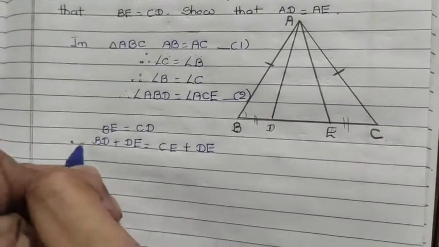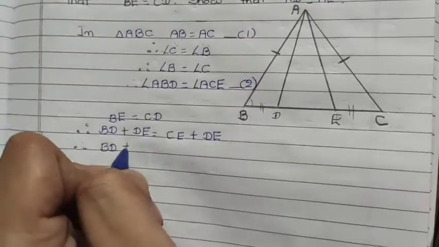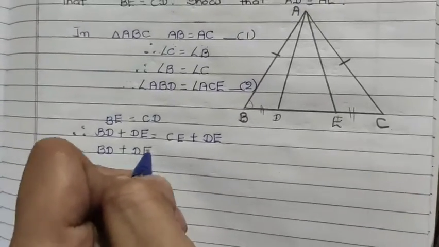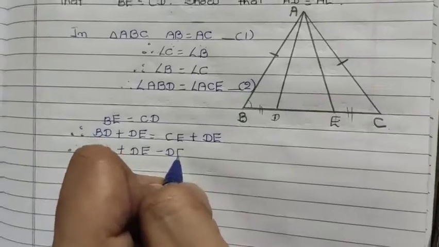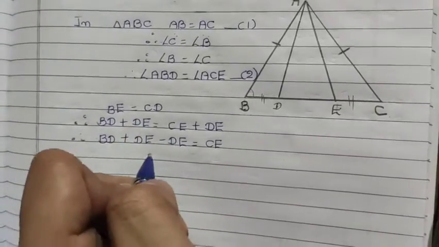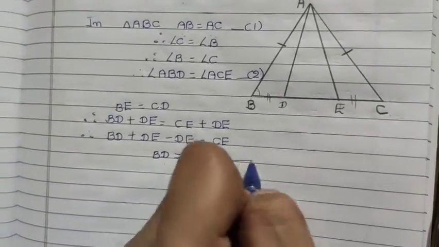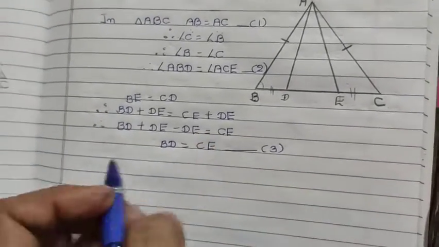That means if we take this DE on one side, so BD plus DE minus DE is equal to CE, right? So that means BD is equal to CE, and that is our important third result.